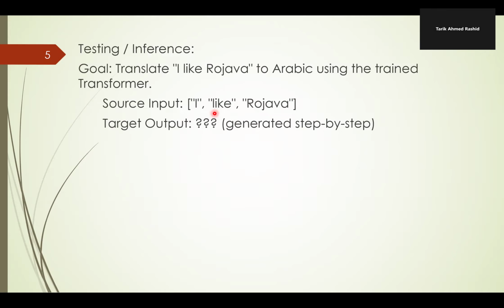So here is the goal. We translate "I like Rojava" into Arabic using a trained transformer and using causal masking. The input source is "I like Rojava", 3 tokens, and the target output will be generated step by step.